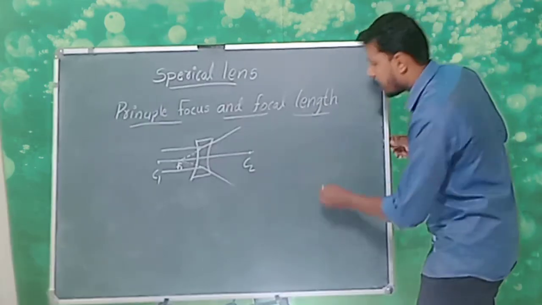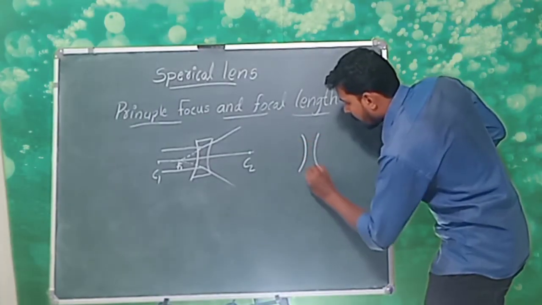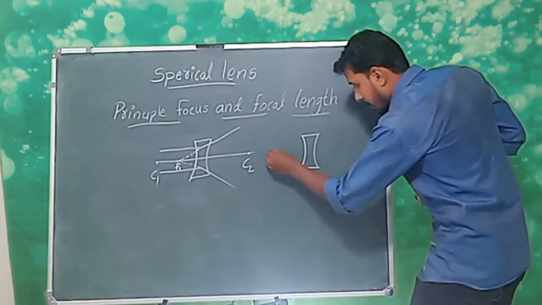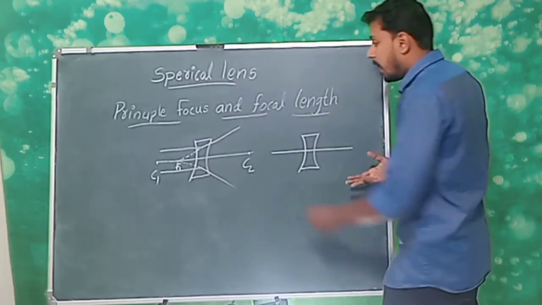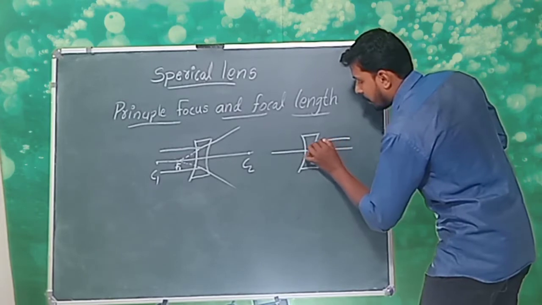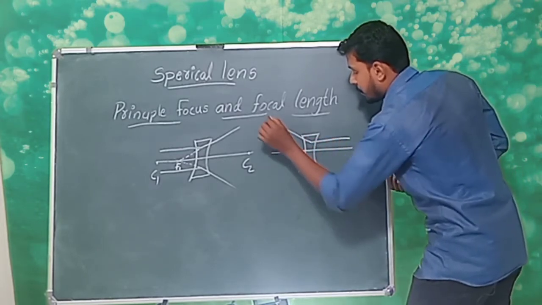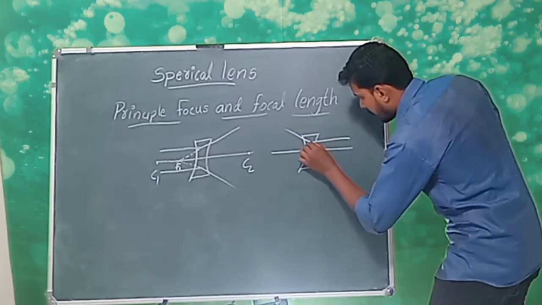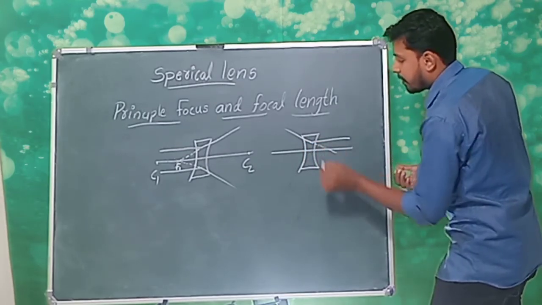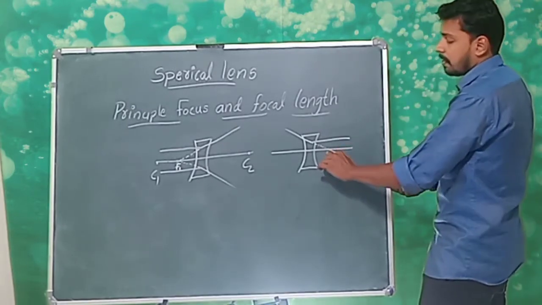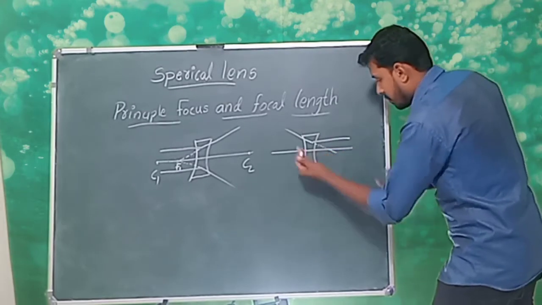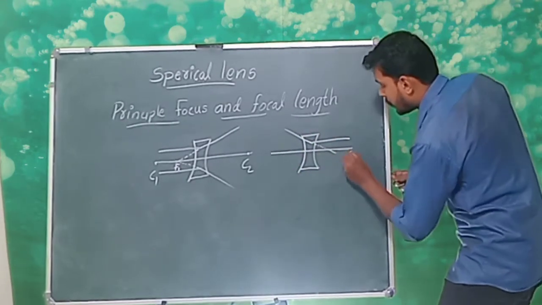I am drawing another concave lens. Then the principal axis. Then the light is passing from this side, diverging, and this imaginary line will intersect at one point on this side, in the place of C2.